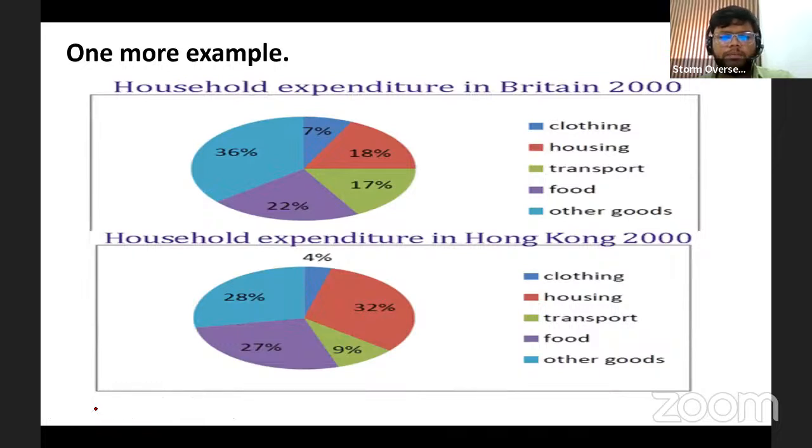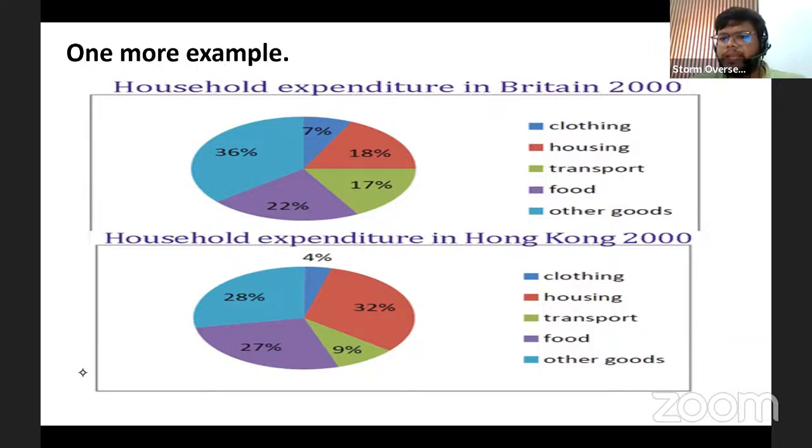We have one more example, and it is a pie chart. Pie charts mostly consist of percentages. What we have here is expenditure in Britain and Hong Kong in the year 2000. So in case of a pie chart, we can circle, square, or triangle any number, which may be very helpful when we write our overview.